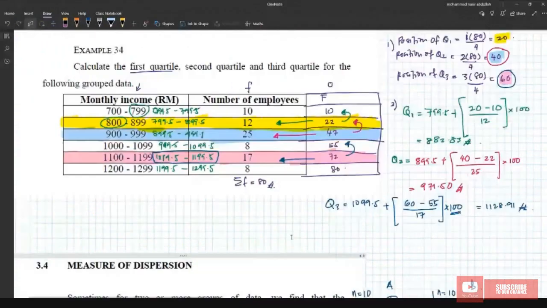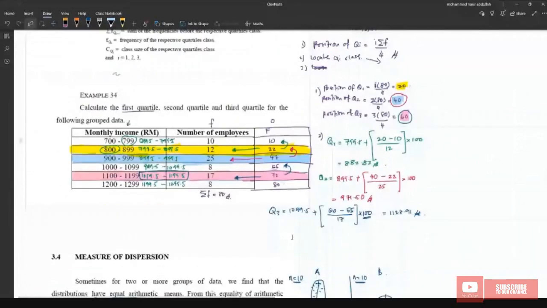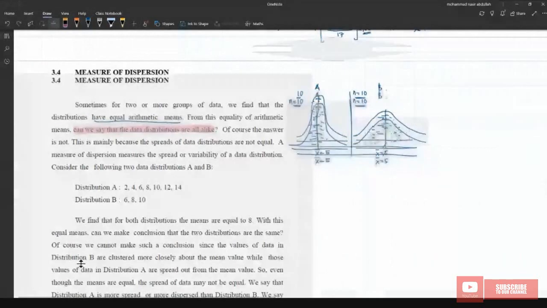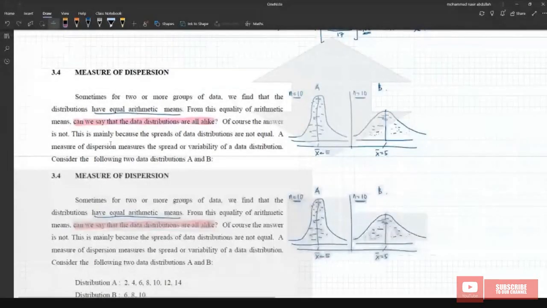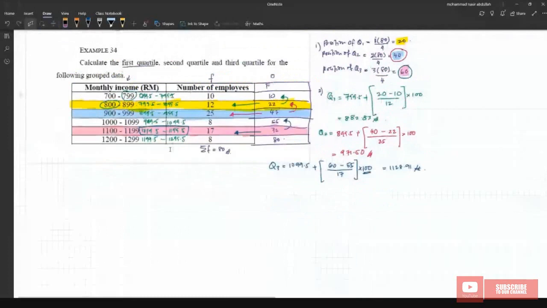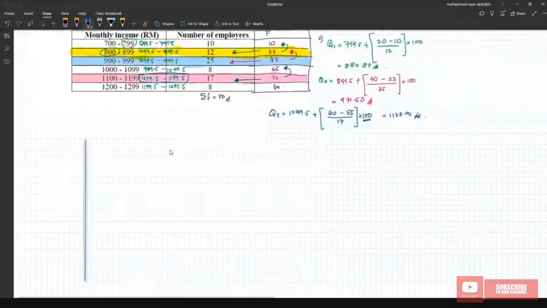We can determine quartile 1, quartile 2, and quartile 3 from a less than ogive. So let's say we look at example number 34. Let's say we draw a less than ogive. See, this is the y-axis, right? And this is the x-axis.